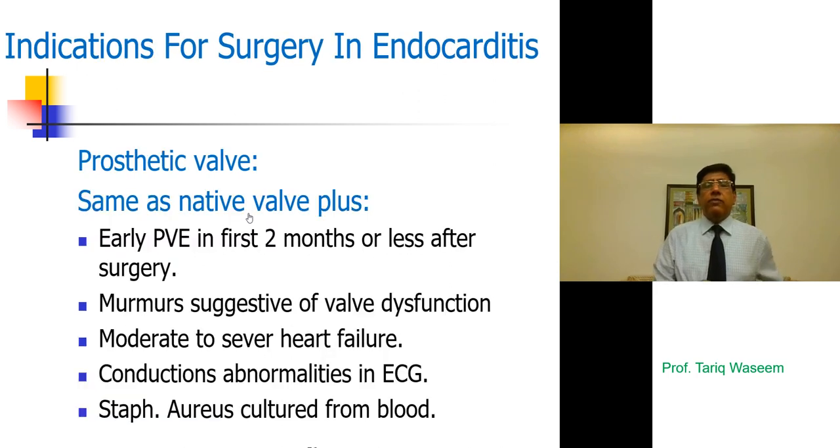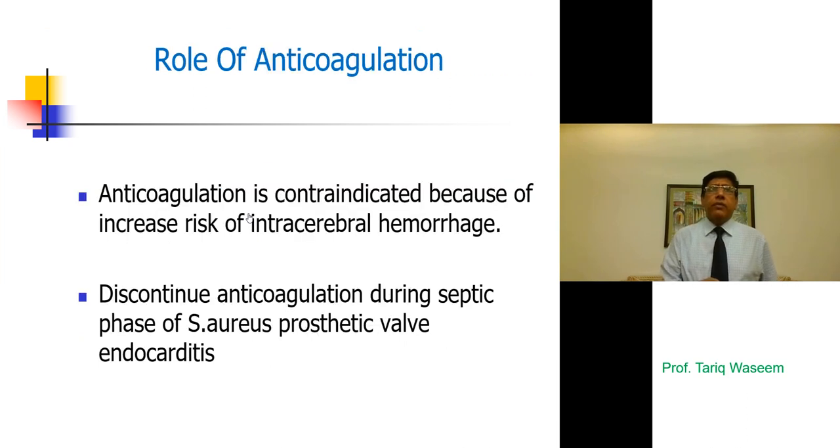In prosthetic valve, all the indications are as for native valve, but also if prosthetic valve endocarditis occurs within the first 2 months, a murmur is suggestive of valve dysfunction, there is severe heart failure, or there are conduction abnormalities on ECG in the form of complete heart block or new onset conduction defects, and if there is Staph aureus, all these are indications for a surgical intervention rather than just relying on antibiotic therapy.